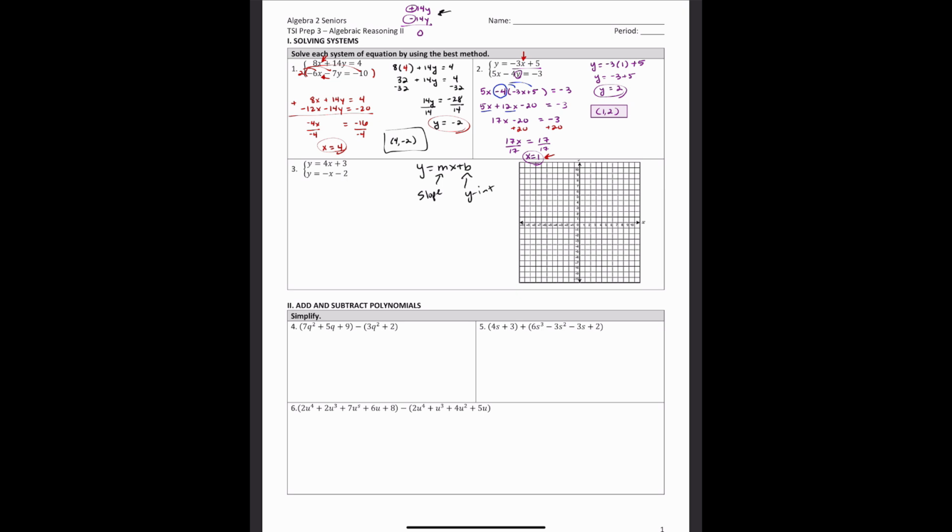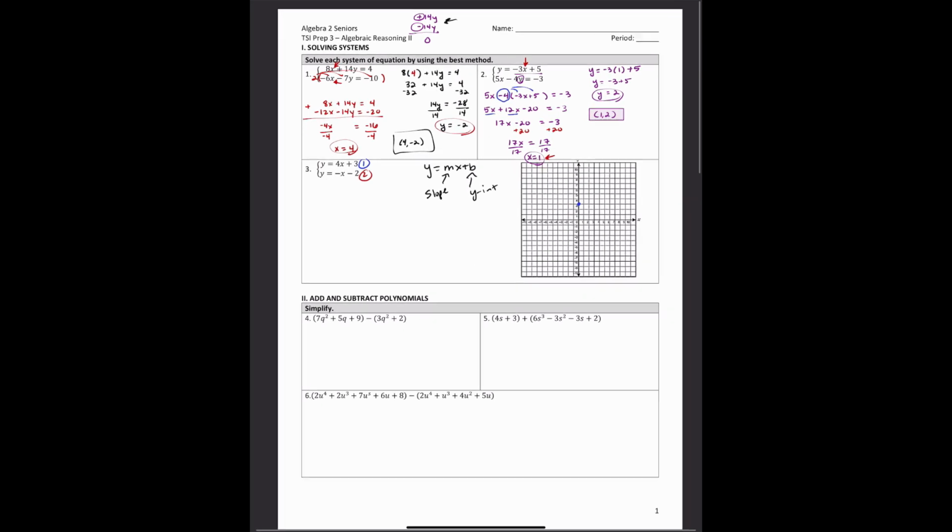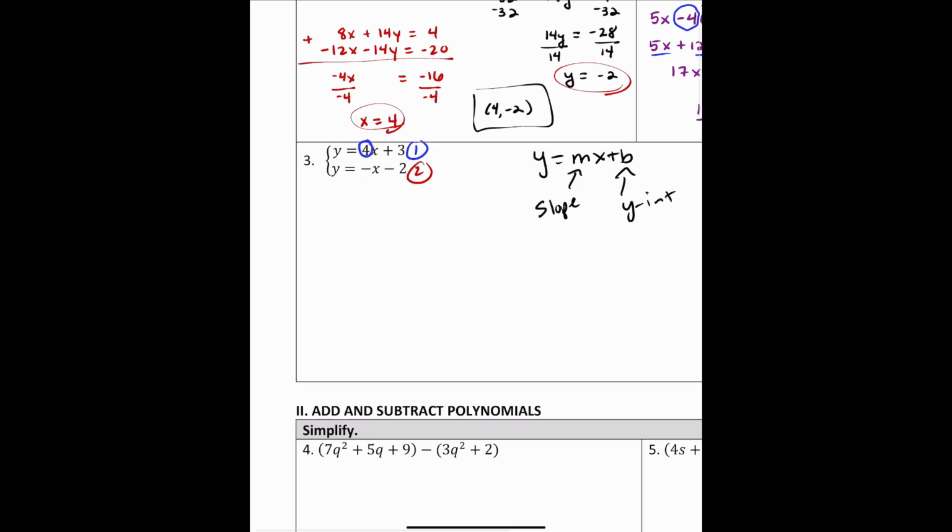So here, this is my first equation, and this is my second equation. So with y equals 4x plus 3, well, our b value is 3, so it should be in the form 0, comma 3.